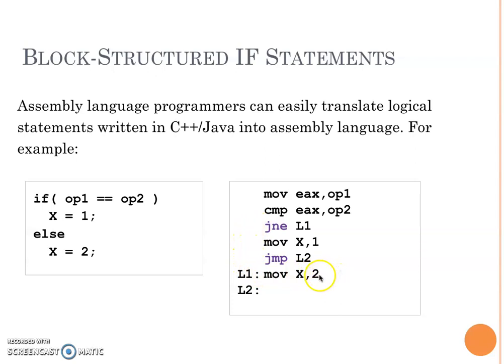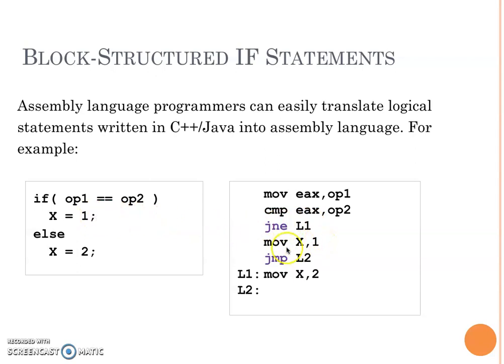Because in an if-else statement we have two conditions, right? We can only choose one or the other. So if it's not equal, I jump to L1. But if they are equal, I don't really care about this line, so I simply move x equal to 1.